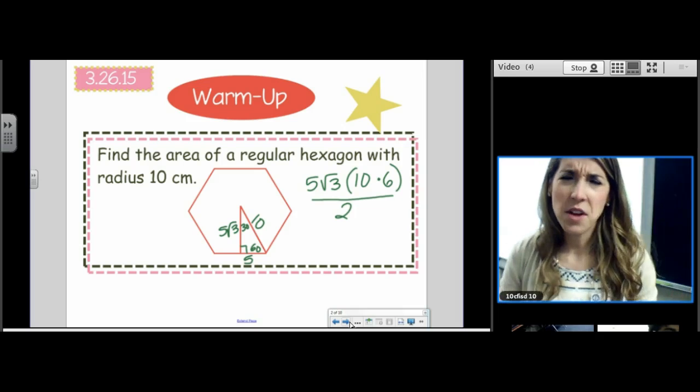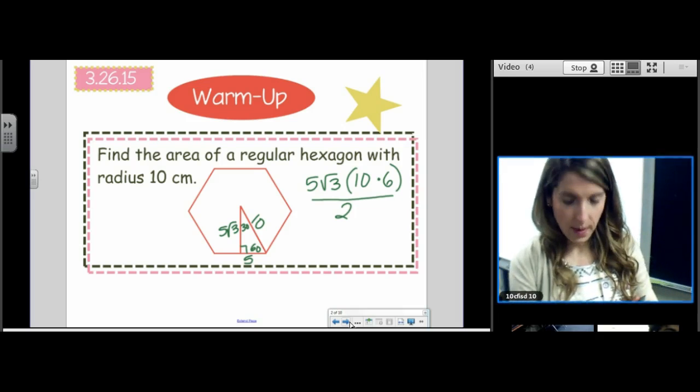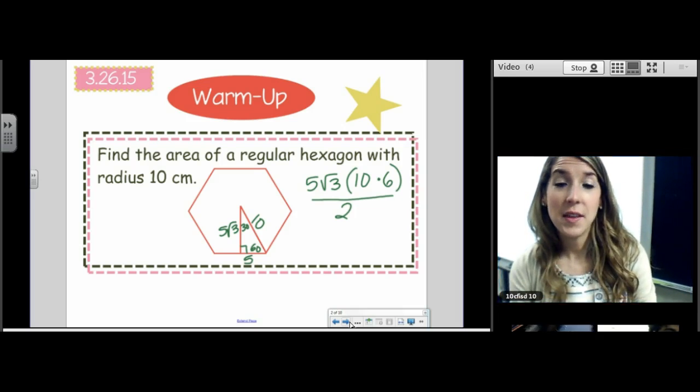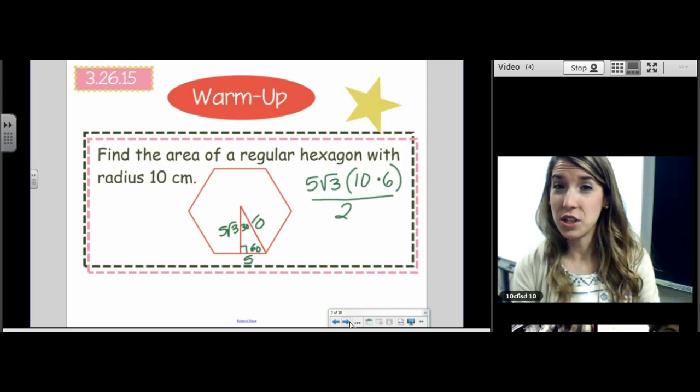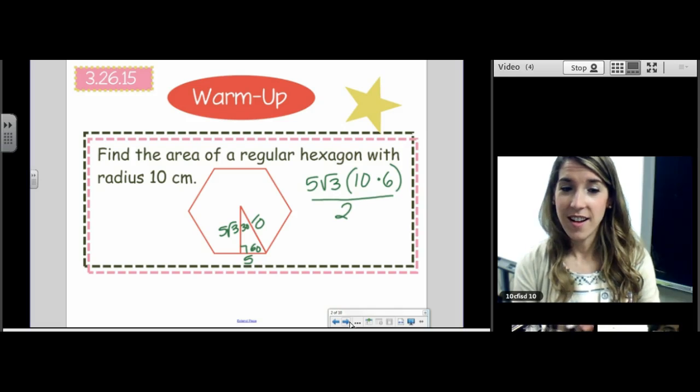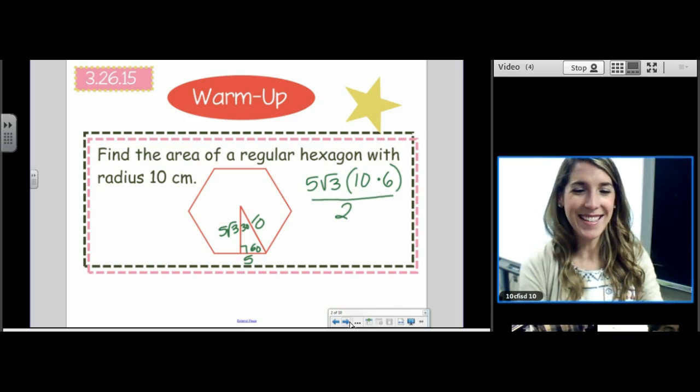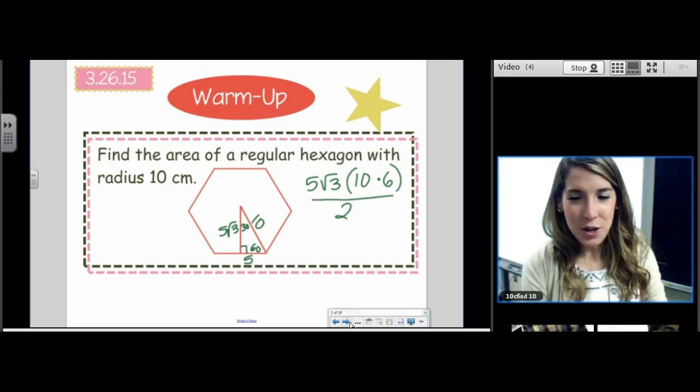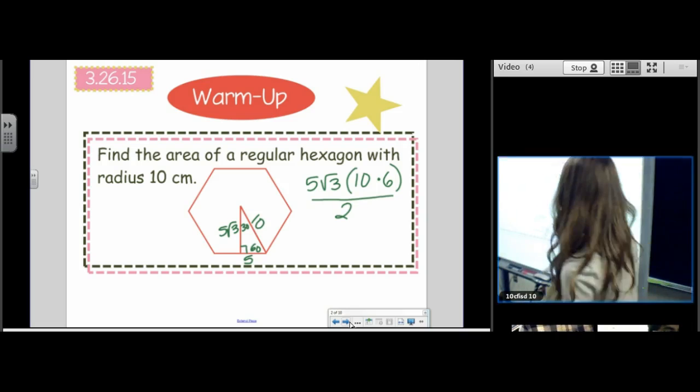Just a side note, not that you have to know this, did you notice in a regular hexagon that the radius is always equal to the side? Did you notice that? Victor said it before I said it. Good job. So, you know why that is? Come on, we know why, right?